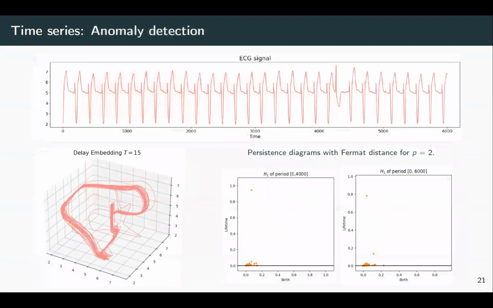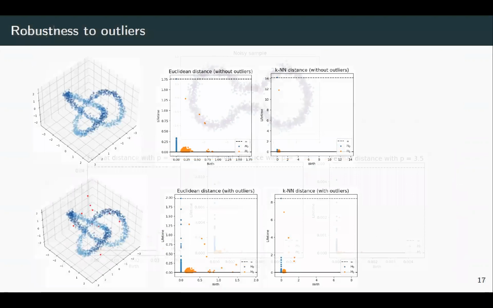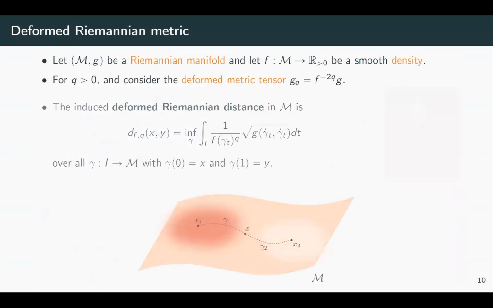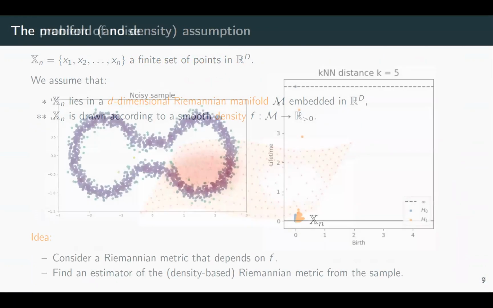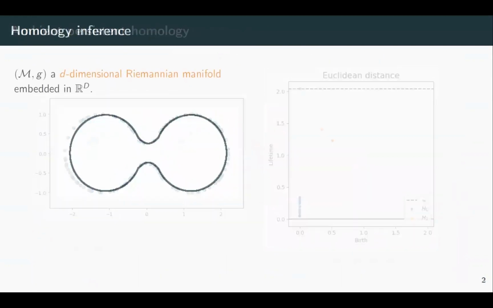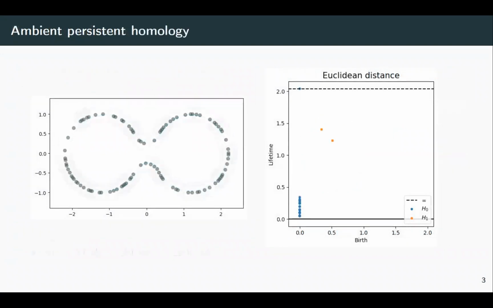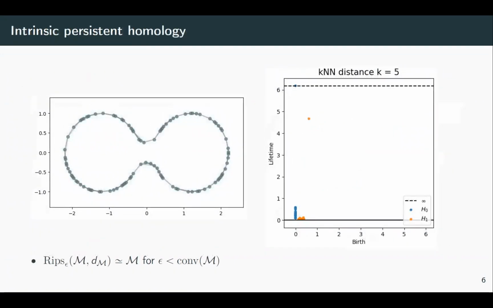Okay, so let's see if I can write. It's very used in computer science. And the idea is the following. For each point, you compute the k nearest neighbors.